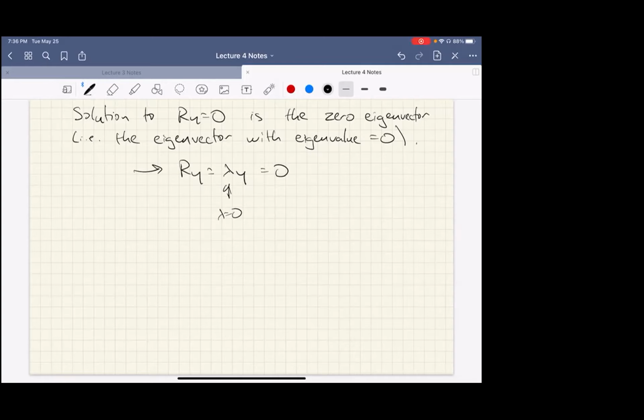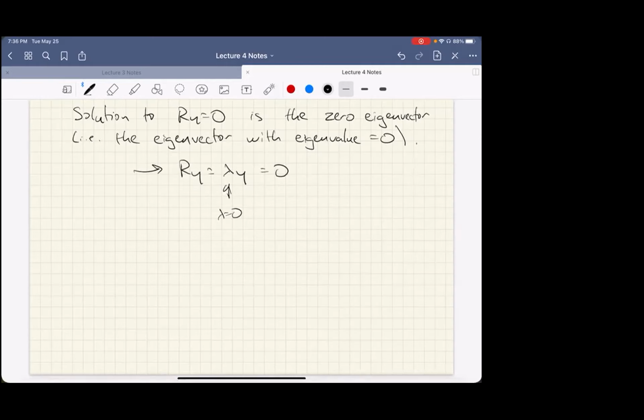This implies, by the way, that the rate matrix R is degenerate. That's always true because the constraint that all the columns sum to 0 forces R to be degenerate. So there does exist a zero eigenvector, and you can always find it.